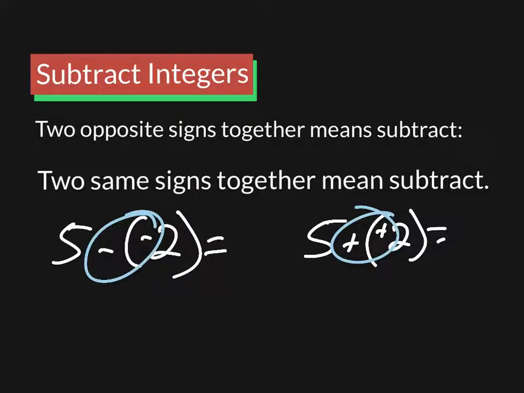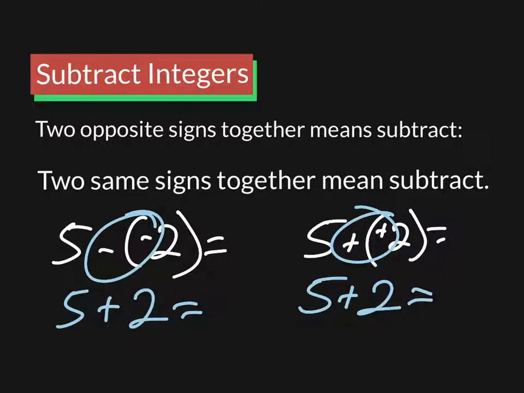These both mean add. So they both mean plus 2. So when you see these double signs, you can get rid of the brackets if there are any, and simplify these signs. If they're the same, then they mean plus. If they're different, then they mean subtract.